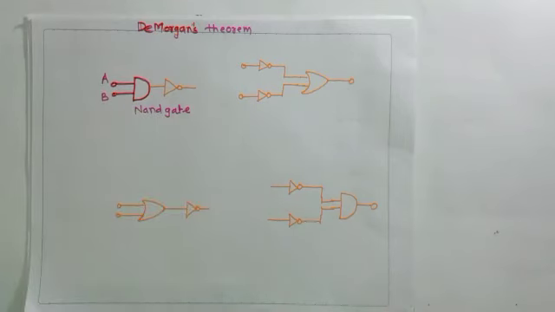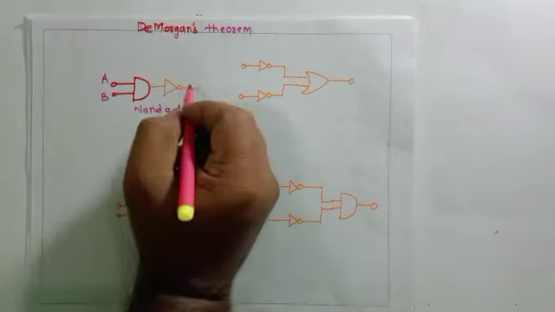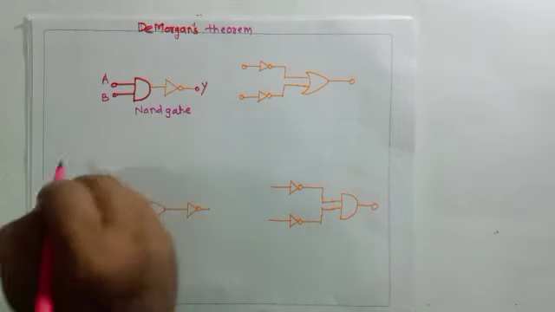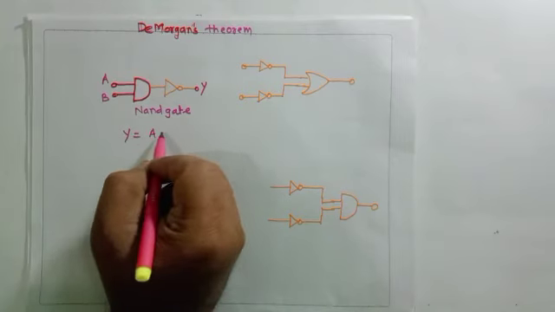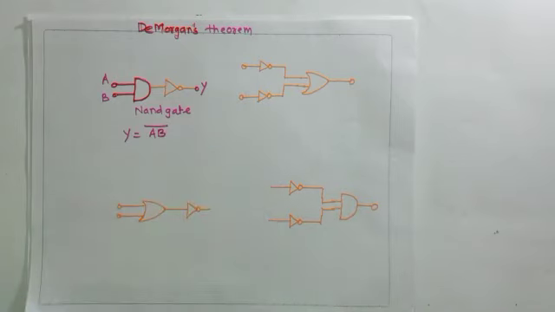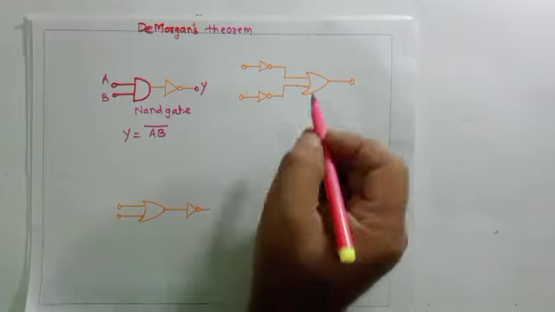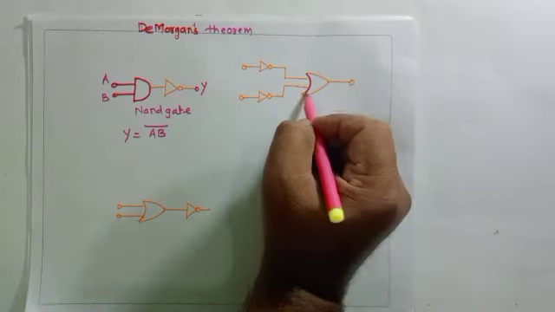The 2-input NAND gate may be expressed as Y equals the complement of A and B. Whereas here an OR gate is there.